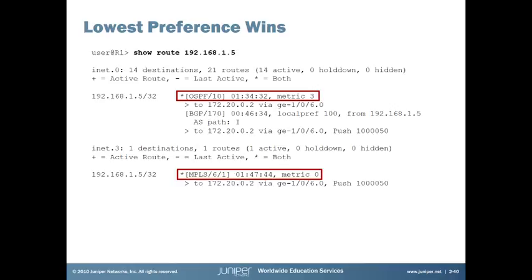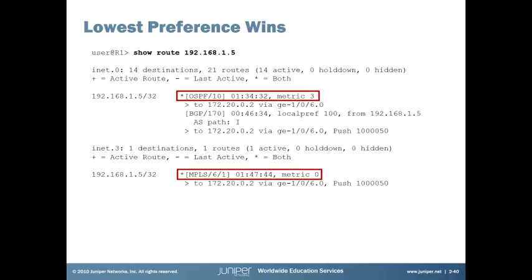And if you take a look at the MPLS, we have a metric of 0 and route preference of 6/1. What we find is that the MPLS route has got a better metric. Because it has got a better metric, it is the route that is selected.